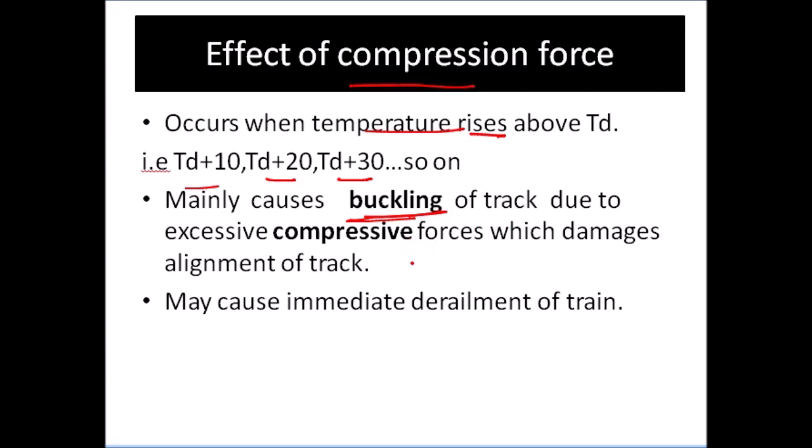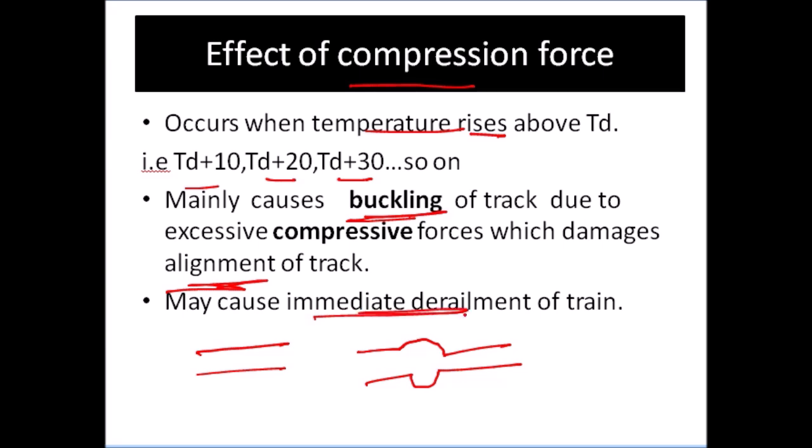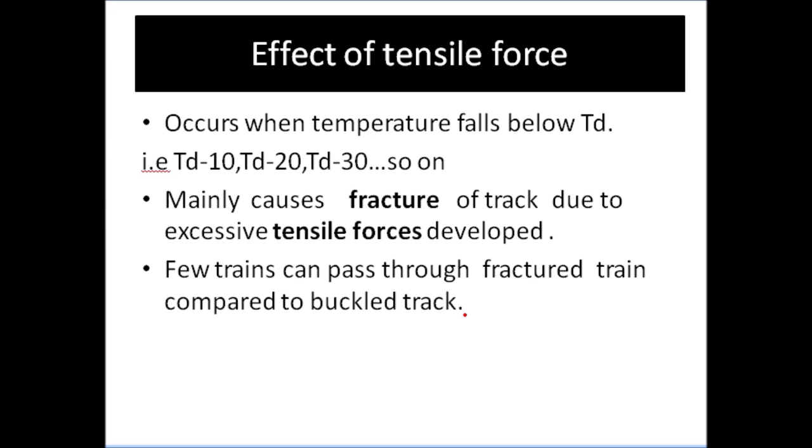Buckling will disturb the alignment. You have a track like this, and because of buckling forces you will have it like this. Now the train can't pass, so there is immediate derailment because of compressive stress.